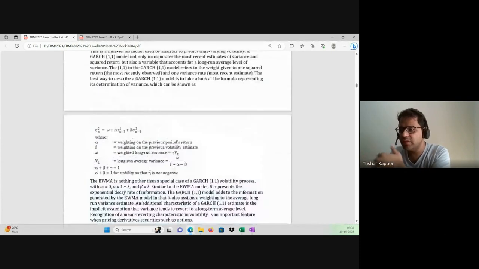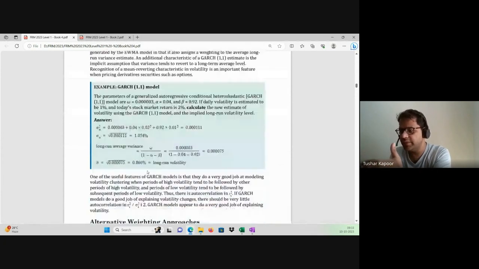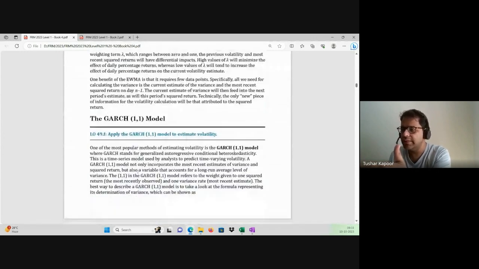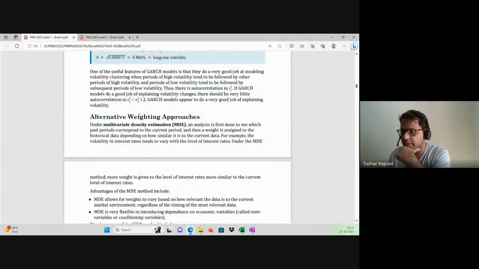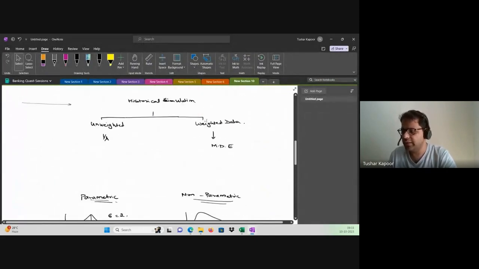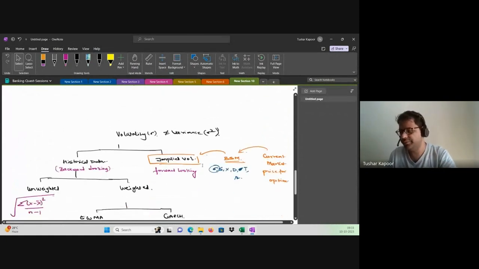But since we have started with this topic, I'll cover first the GARCH and EWMA method and the rest of the things, and then probably we can come back to this particular thing on MDE, which essentially fits in here as the weighted data component for historical data, which can be used for historical simulation.